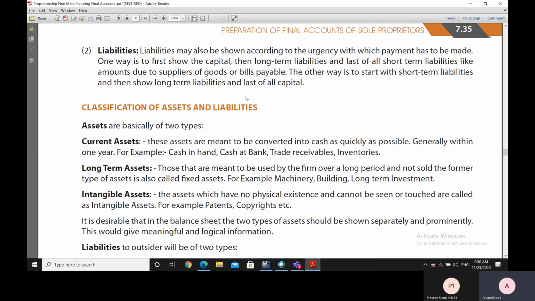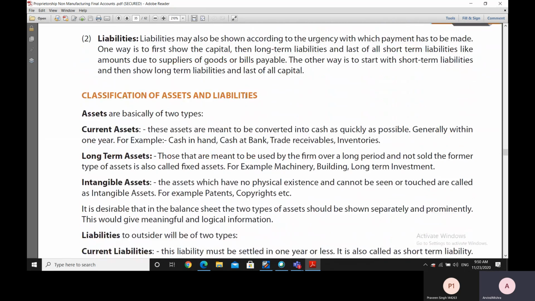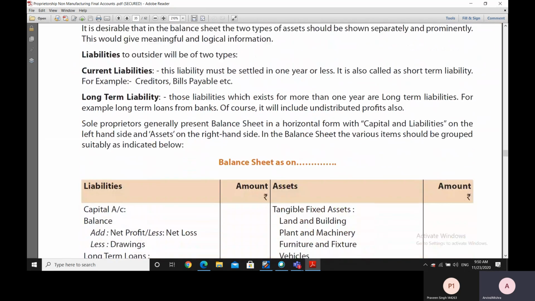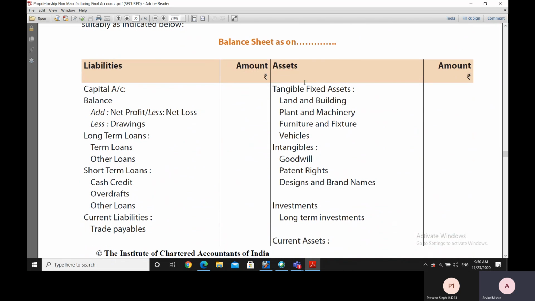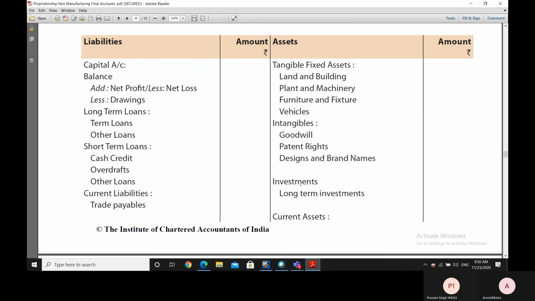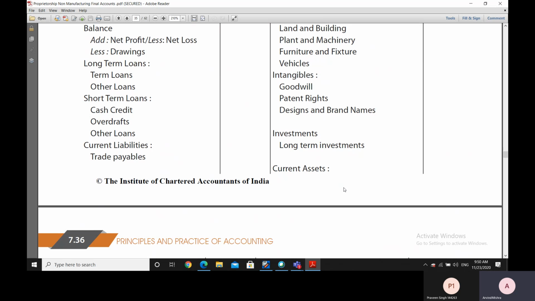And initially we saw the sequence in the balance sheet, and now we are seeing the categorization of the assets and the liabilities. As you can see here, the tangible fixed assets have been mentioned first, then the intangible assets, and then of course the long-term investments, and thereafter we have the current assets.